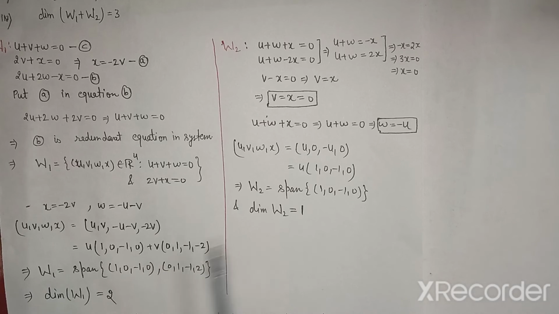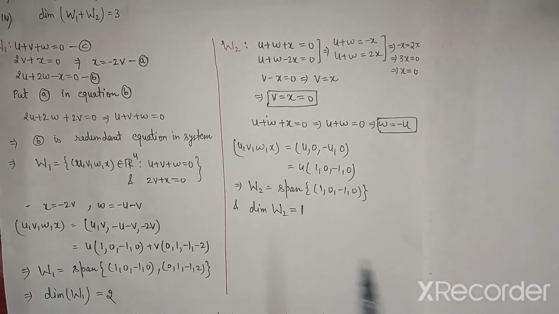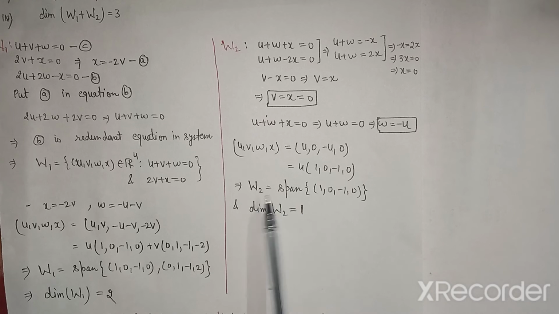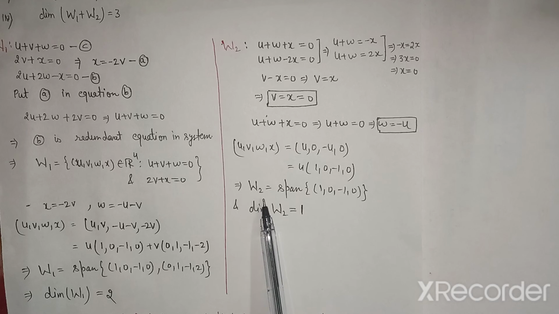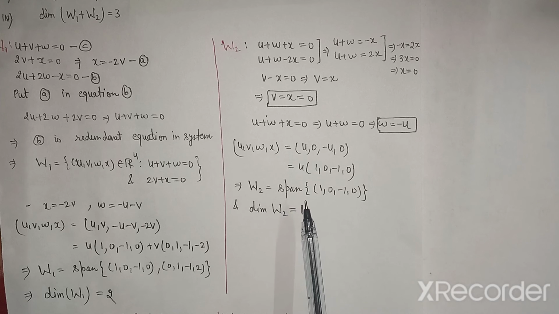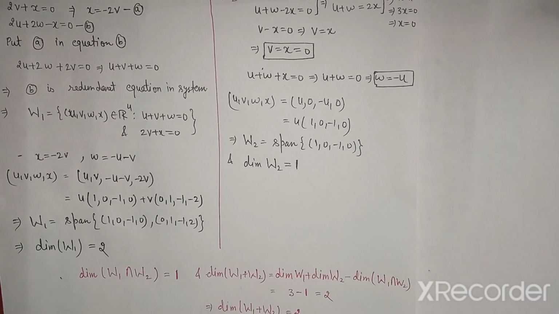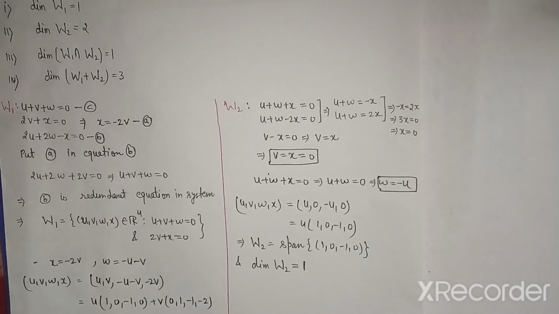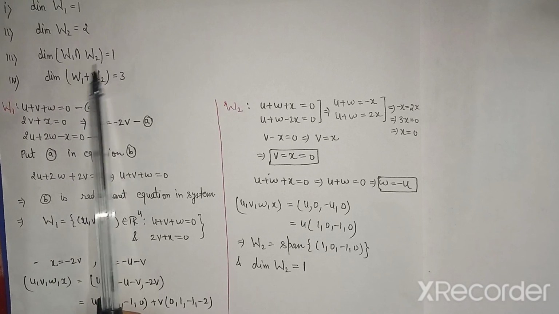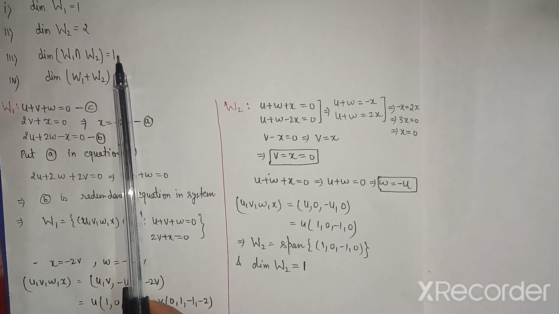Their intersection can't be greater than 1 because W2 contains only one vector, so the dimension of W1 intersection W2 is either 0 or 1. Since they have one common vector, the dimension of their intersection is equal to 1. And the third option says that the dimension of W1 intersection W2 is 1. So the third option is the correct option.